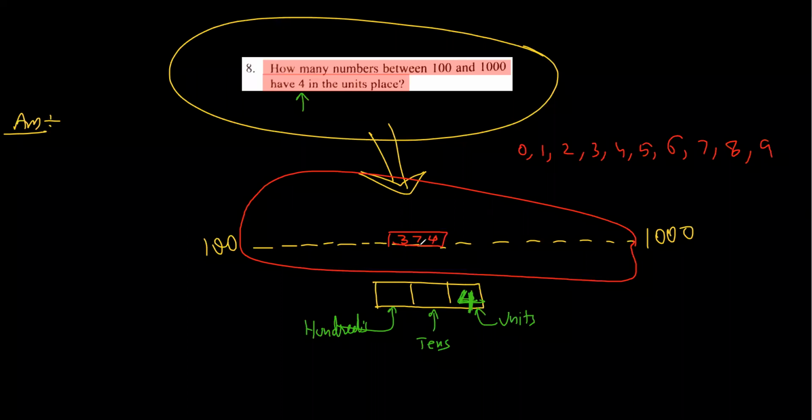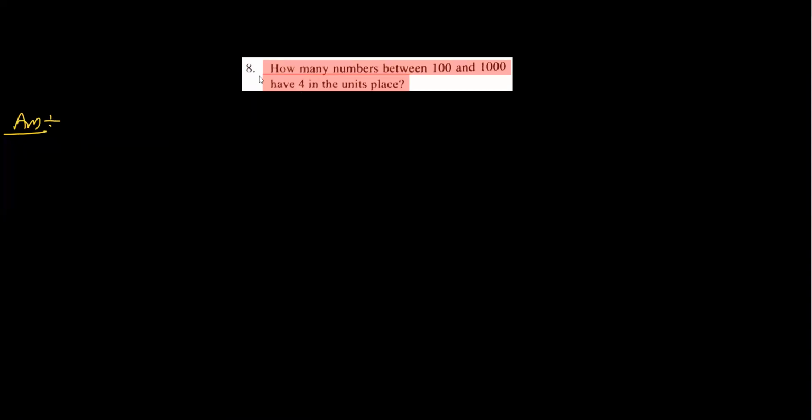This is a number that they want. I have 894, this is a number that they want. I have 944, yes, this is a number that they want. I have 204, this is a number that they want, like this. So they're saying how many such numbers are there which have 4 at the unit place.